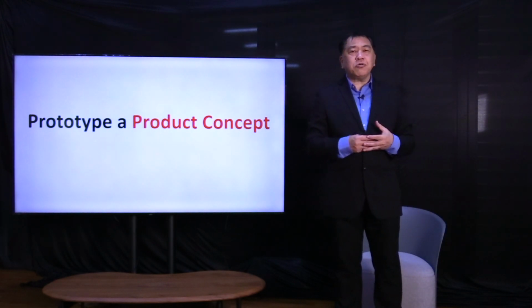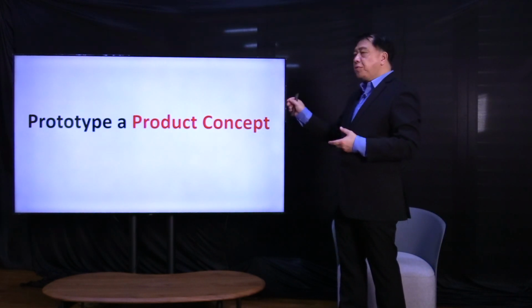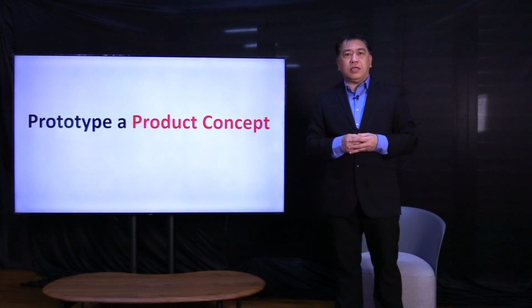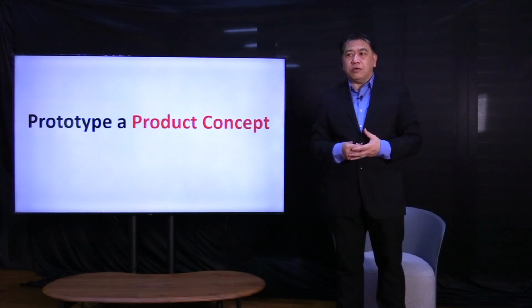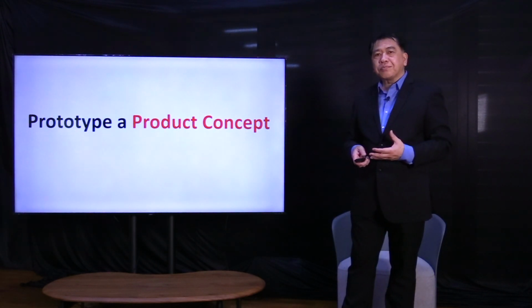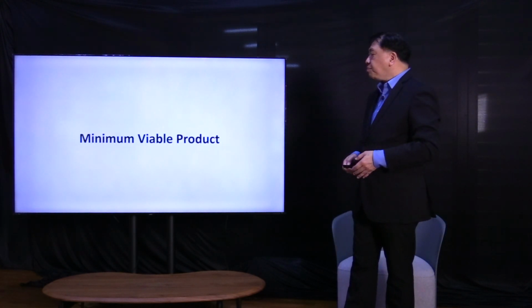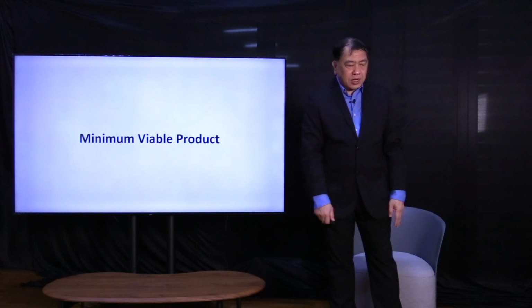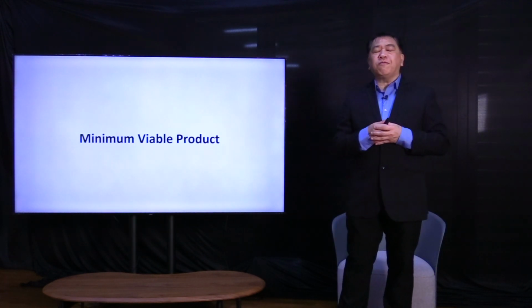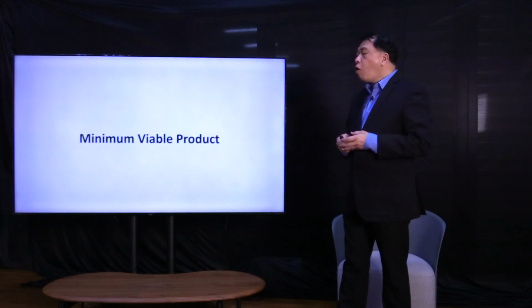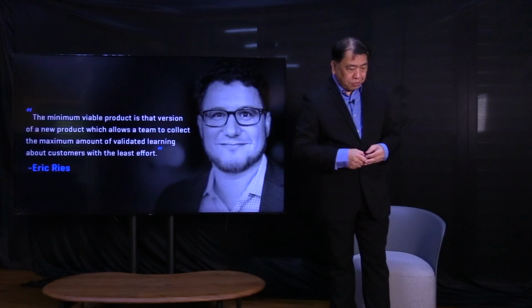So I'm going to bring you a new concept to prototype a product concept, right? And this is something that we have been working on in the industry, especially in new ventures. So first we need to understand the concept of minimal viable product, or MVP.